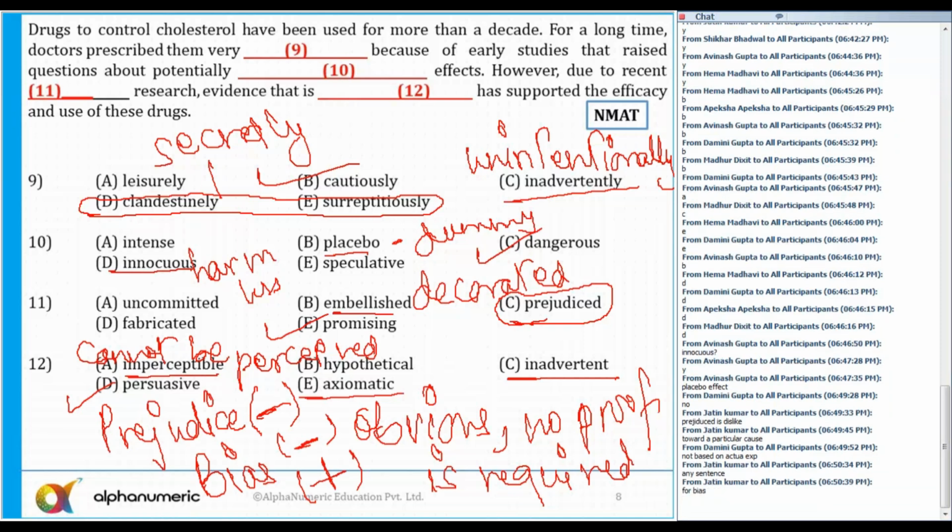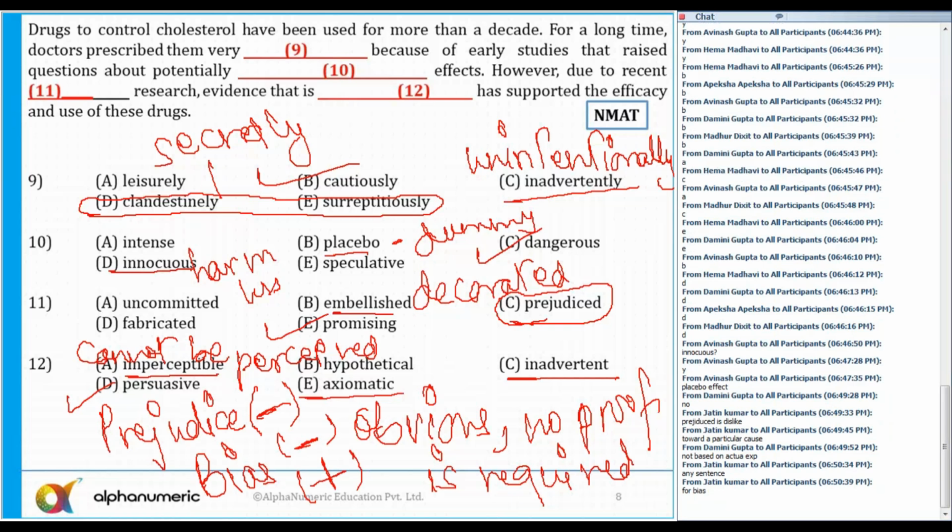If you are biased, or bias, any sentence for bias? Yeah, okay, bias. Right now, I told you I am biased against people from the Northeast. Well, what does this mean? This means that I don't like them.